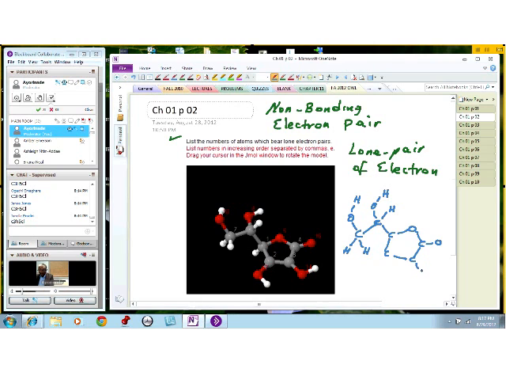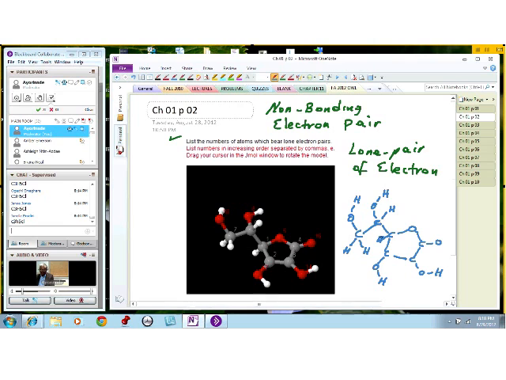And this carbon here is attached to oxygen and also attached to hydrogen. And this one here is attached to oxygen, and then oxygen is attached to hydrogen. I think we got everything now. Oh, this carbon here is attached to hydrogen.